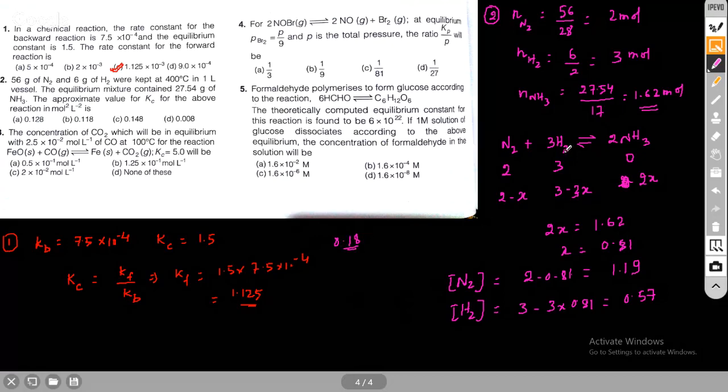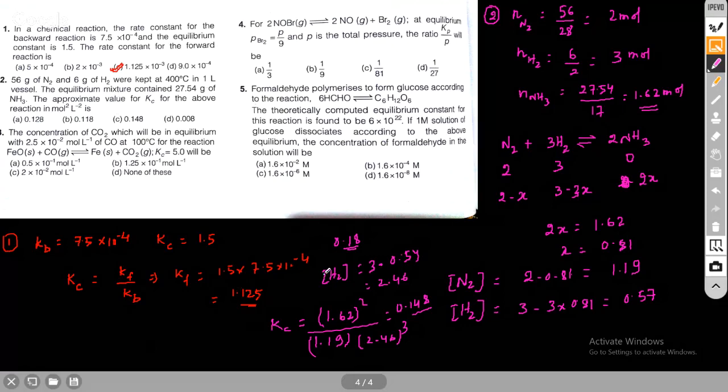They have taken here 3 minus concentration of H2, which they have written 3 minus 0.54, which is 2.46. Okay, so their Kc expression is this: 1.62 square divided by 1.19 into 2.46 cube. When you solve this, you'll get 0.148. You can check. Understood? When you solve this, you'll get 0.148, which is the option we have, right?